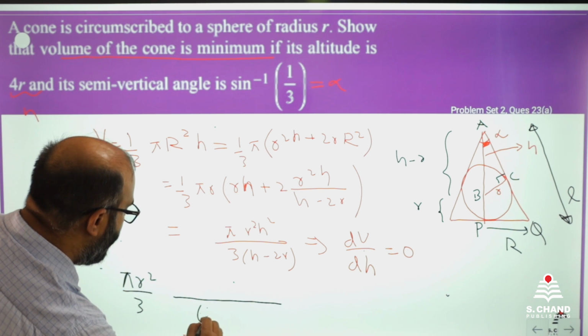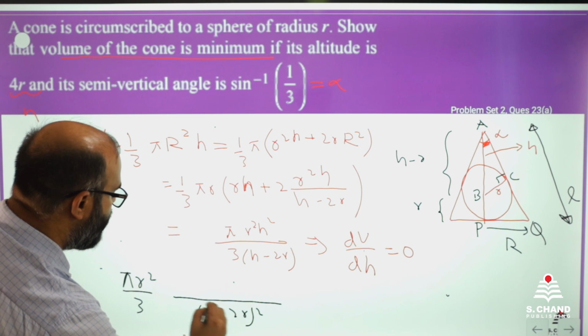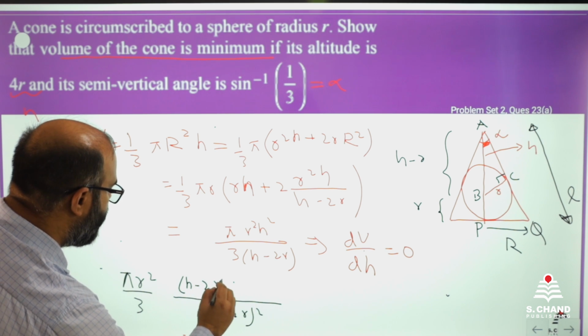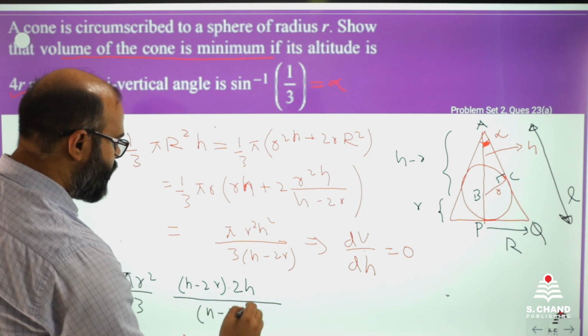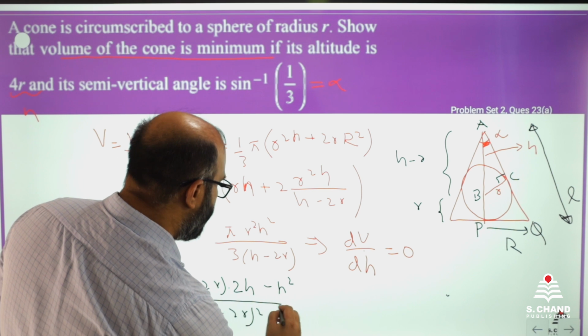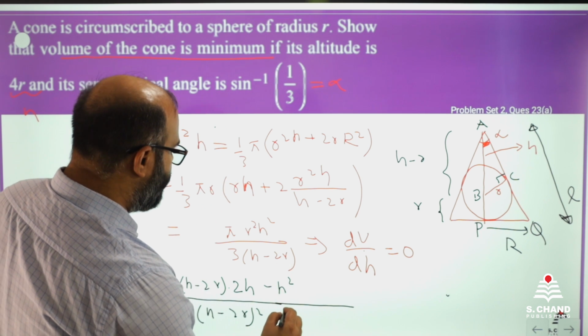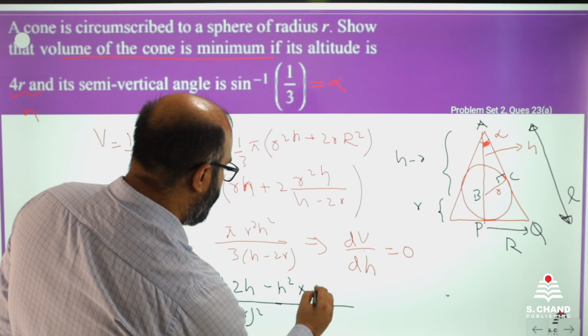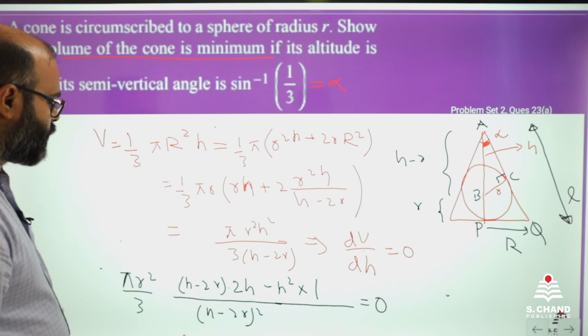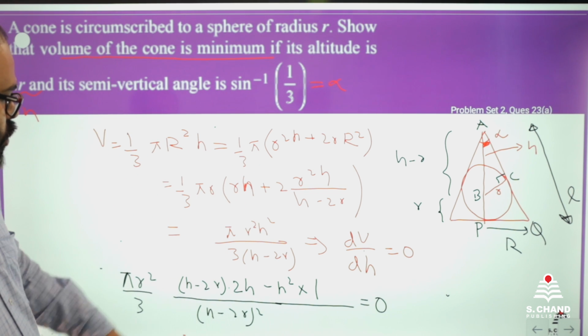This will be h minus 2r whole square, h minus 2r into 2h minus h square into the derivative of h minus 2r, which will be 1, is equal to 0. So this is how you can write it.